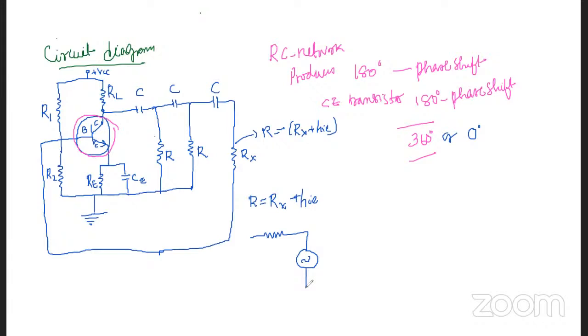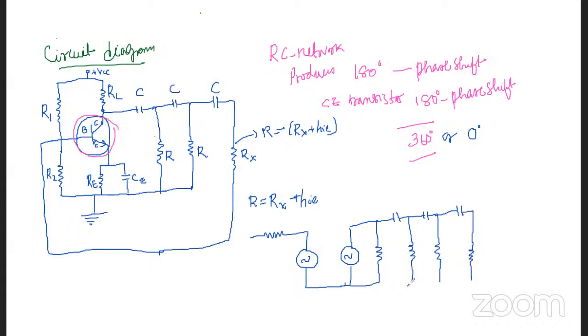We are drawing the equivalent circuit here. This is the second RC combination, as well as this is the third RC combination. So this third RC combination is going to be fed back.